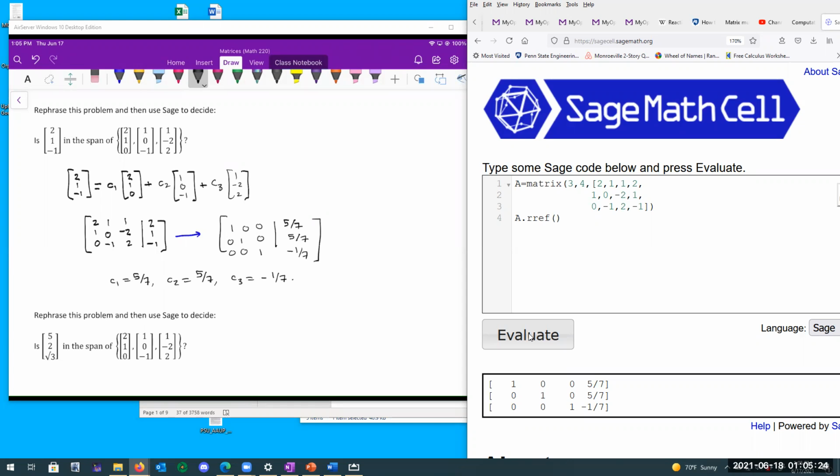So we do have the vector 2, 1, -1 is in the span of these three vectors.